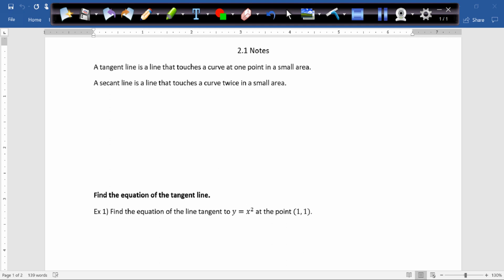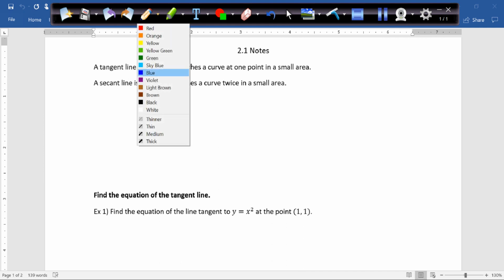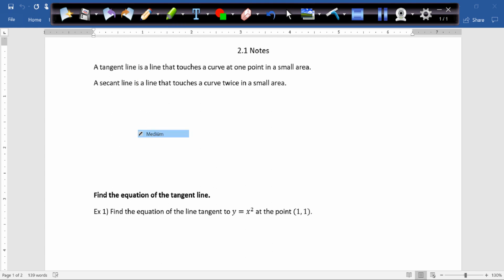Okay. So first, we'll start off, and in section 2.1, the first thing we talk about is a tangent line. A tangent line, as it says here in the notes, is a line that touches a curve at one point in some small area. So let me give you a picture here.